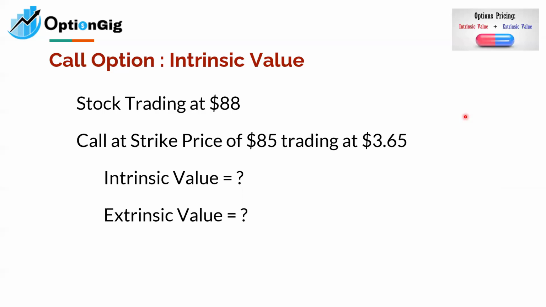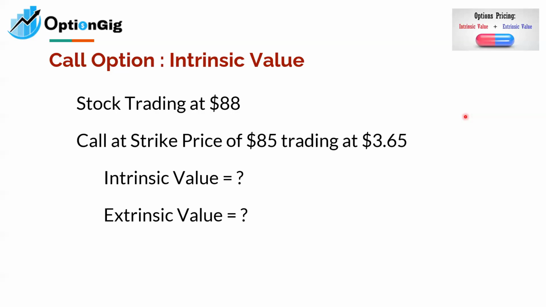Another one. Stock is trading at 88, and you're holding a call for a strike price of 85, but that call is trading for $3.65. How much is the intrinsic value of this option contract?